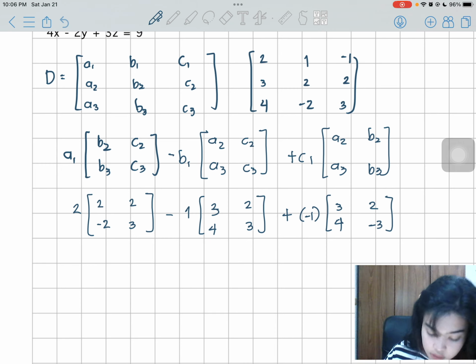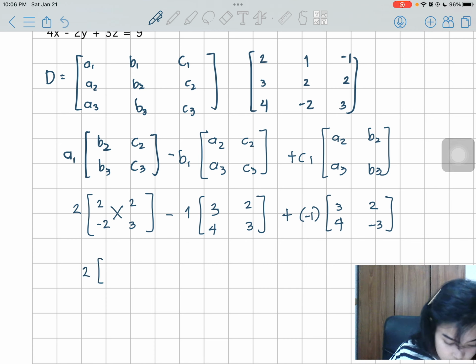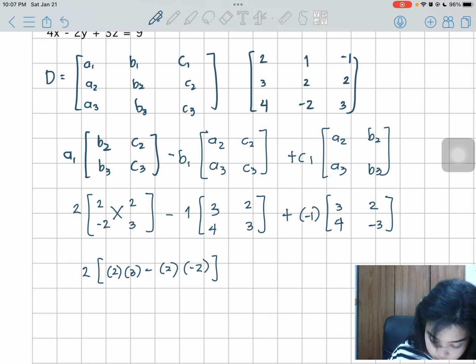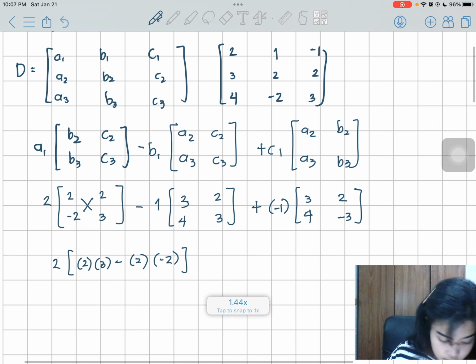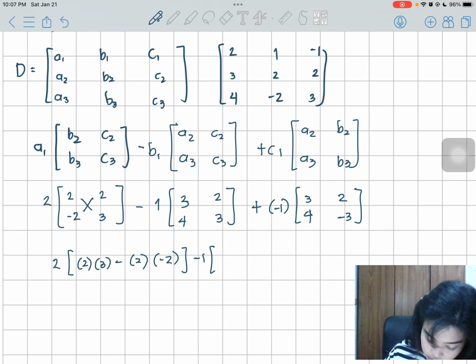Then we will cross multiply this and this. 2 times 2 times 3 minus 2 times negative 2, minus 1 times 3 times 3 minus 2 times 4.